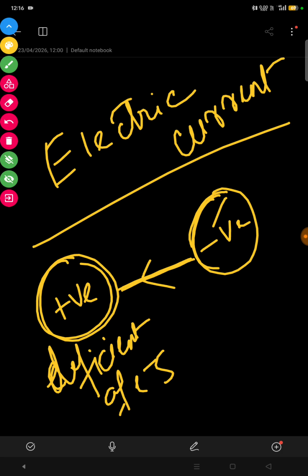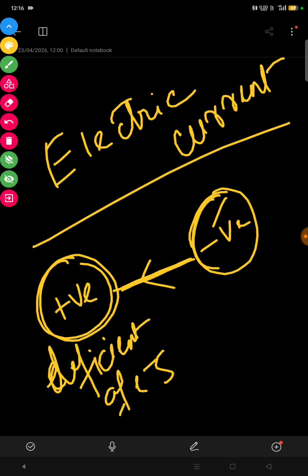When the two charged bodies are at different electric potential, that is, one at a higher potential and another at a lower potential, and they are connected by a metal wire. Why is a metal wire connected? Because metal wires are good conductors of electricity. They can carry the flow of charge.